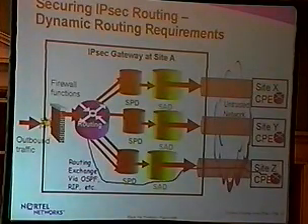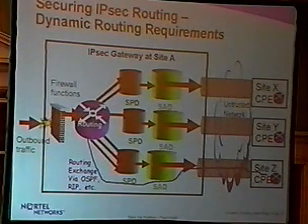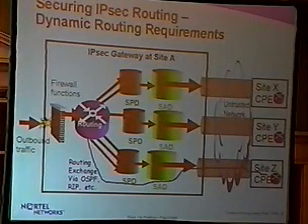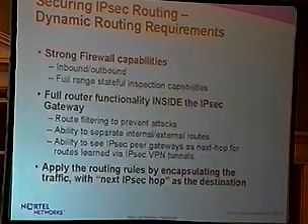Okay, so the basic requirement here to allow dynamic routing within IPsec and make sure that you're still maintaining your security is you need to have the firewall functionality within the device, you need to have the routing functionality within your device, you need to be able to do the encapsulation in the proper way so that you're using the full protection of IPsec.